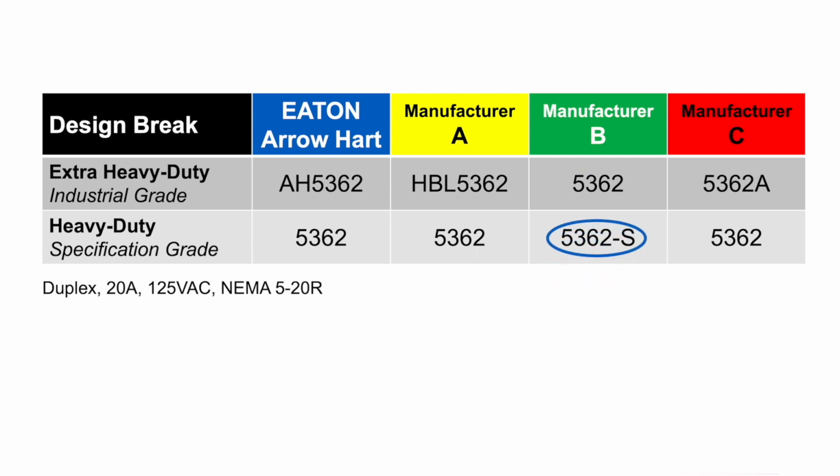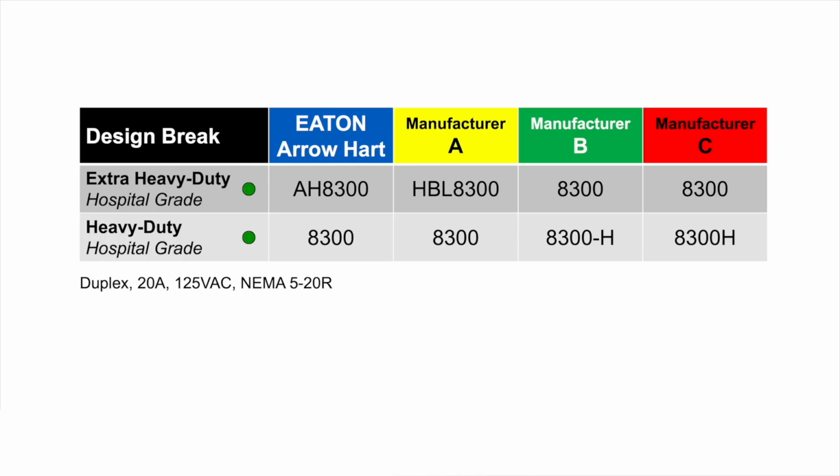And this one uses a -S suffix for their lower grade. Furthermore, the other 3 manufacturers employ a prefix or suffix for their extra heavy-duty. These subtle differences are important to recognize because many engineers and contractors assume that when they see the numbers 5362, they're getting the design they want, regardless of prefix or suffix.